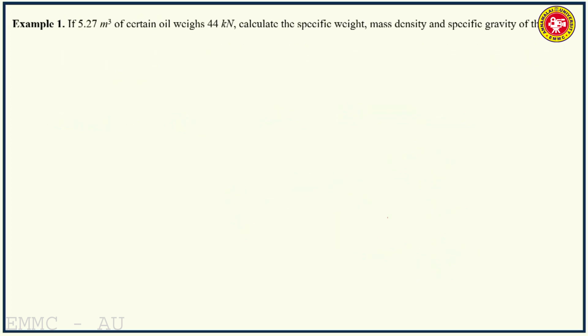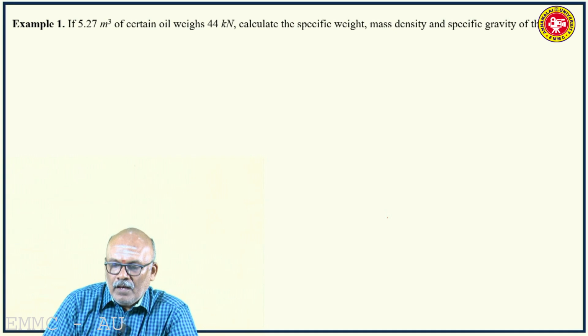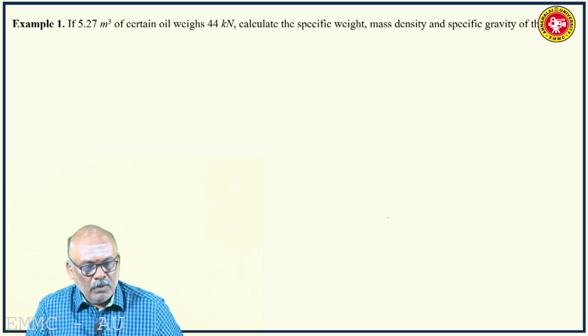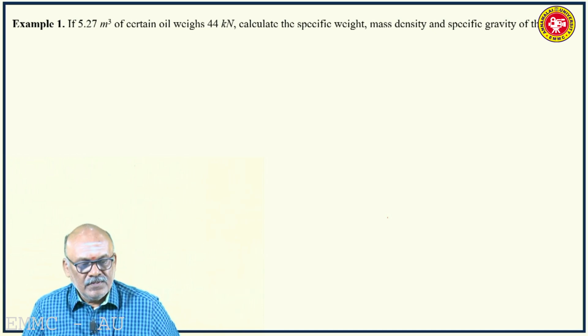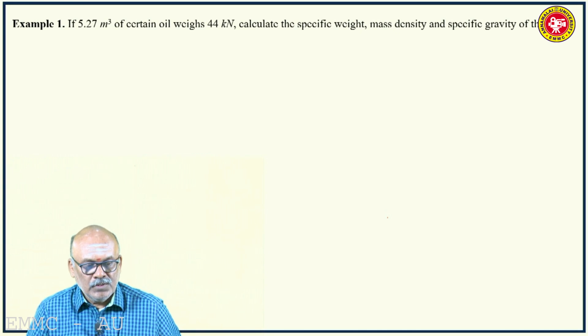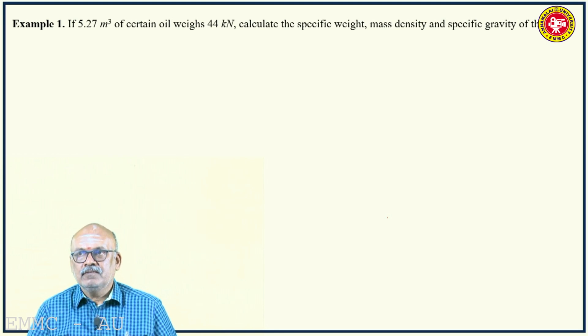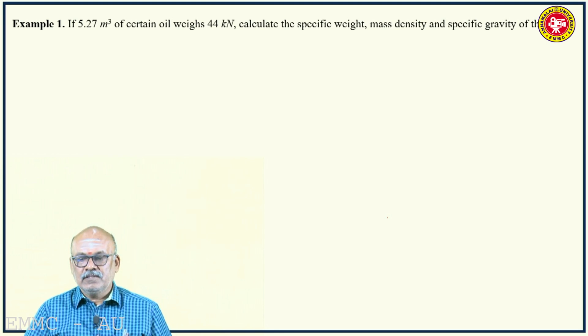So let us solve a basic problem to understand the concepts better and to familiarize ourselves with what we have discussed so far. It is an example problem. The problem states: if 5.27 meter cube of a certain oil weighs 44 kilonewton, calculate the specific weight, mass density and specific gravity of the oil.